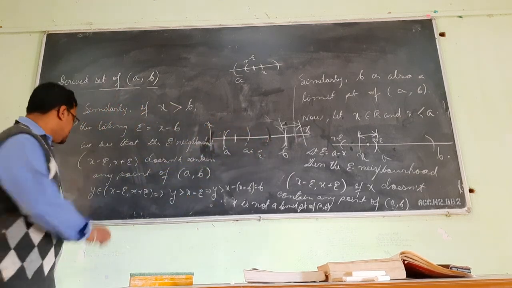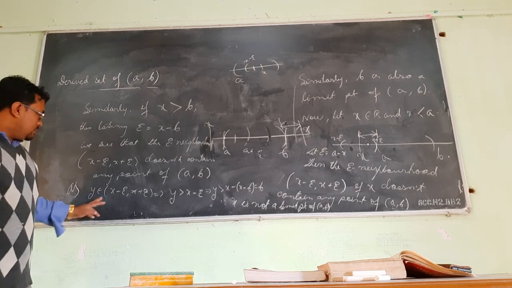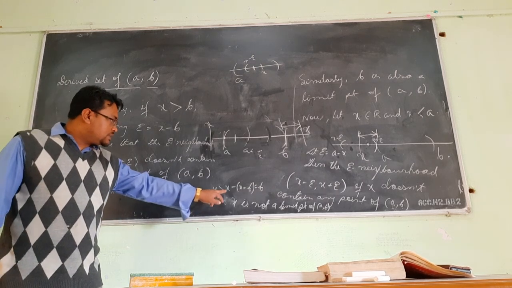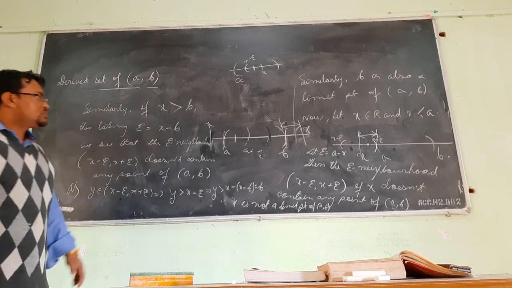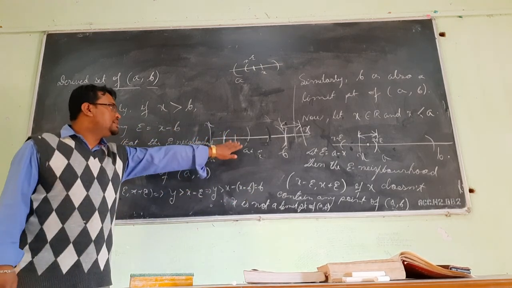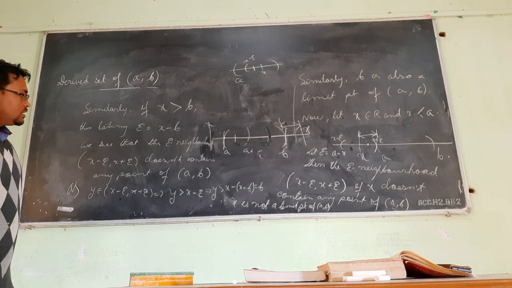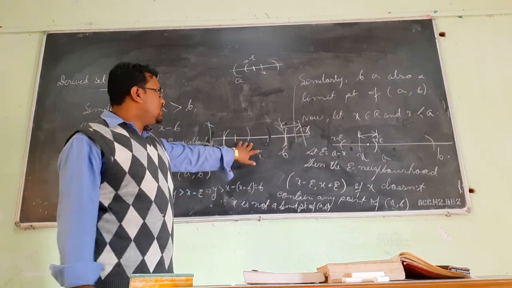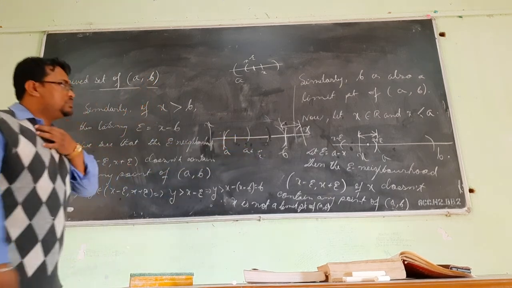That is the reason. So y cannot be a member inside this interval. The only elements inside this interval are those lying between a and b.